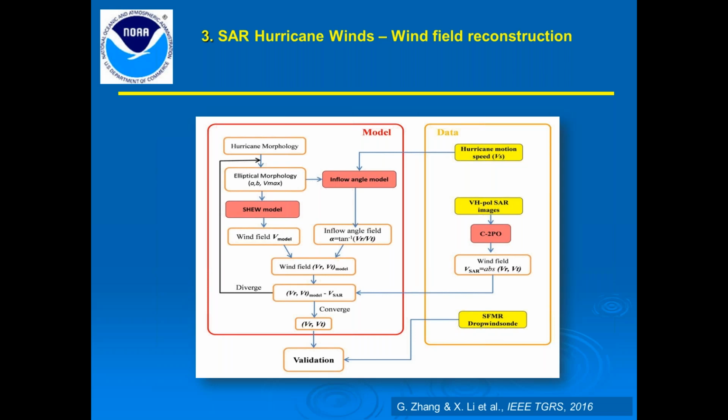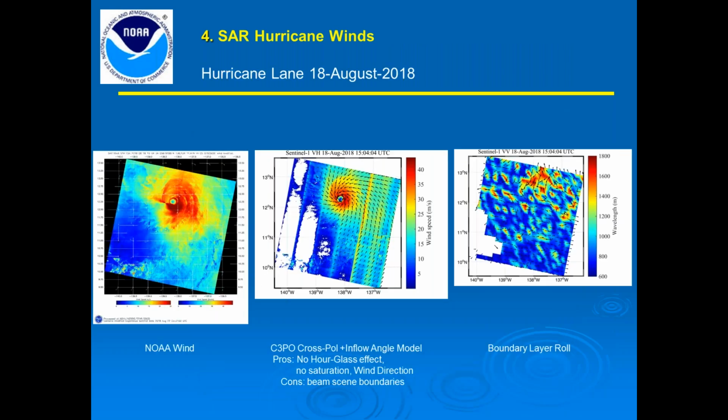But it requires a very good SAR instrument. RADARSAT-2 and also DLR's TerraSAR-X all have this capability. Even Sentinel-1 is pretty good. So we can build a so-called cross-pole radar model with the input of the inflow angle model together. We developed a diagram with which we can derive the SAR wind and the hurricane conditions.